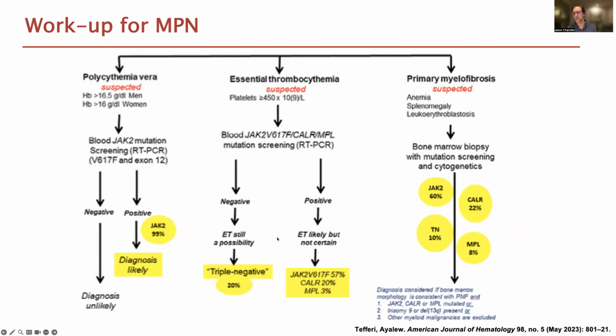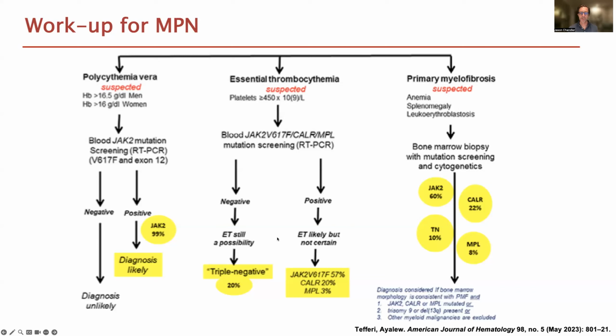So they have a mutation in one of their stem cells, and then it has a proliferative advantage. So 99% of these are going to have a JAK2 V617F or an exon 12 variant. And when you're suspicious for it being primary versus secondary, oftentimes these patients will have symptoms like headaches or dizziness.